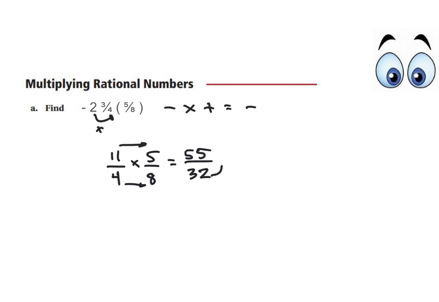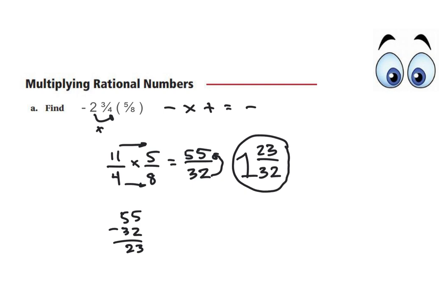From here, I can turn it back to a mixed number. 32 goes into 55 once. 55 minus 32 is 23, so that's my numerator, and I keep the denominator of 32. 23 is prime and it doesn't go into 32, so I'm going to stop there. And I'm also going to add in my negative because I know that a negative times a positive is a negative.